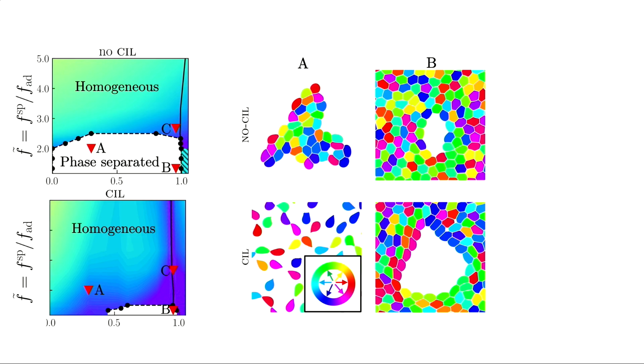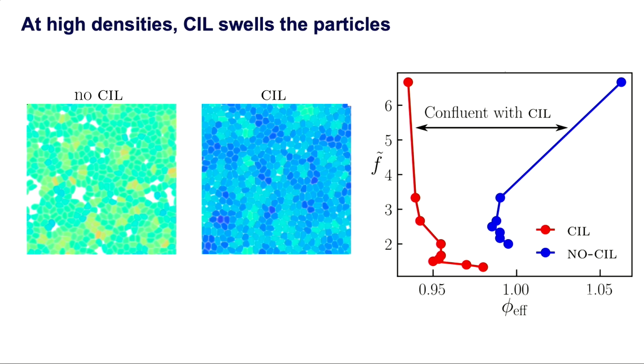But if you move to point C, what you're going to see is that in the absence of contact inhibition, you still have a gap, but with contact inhibition, you close the gap. Okay? So it's promoting healing. This means that it's changing the location of the confluence line.